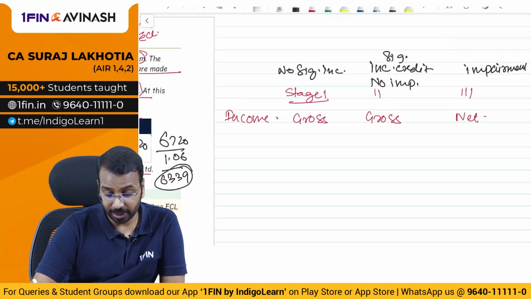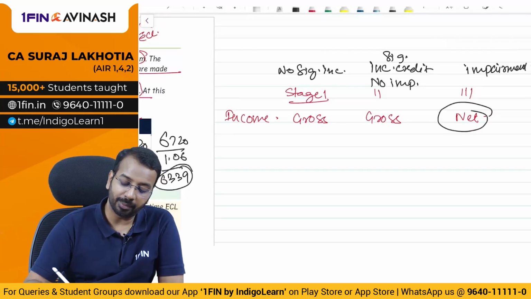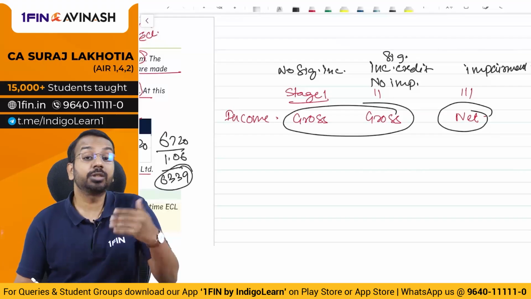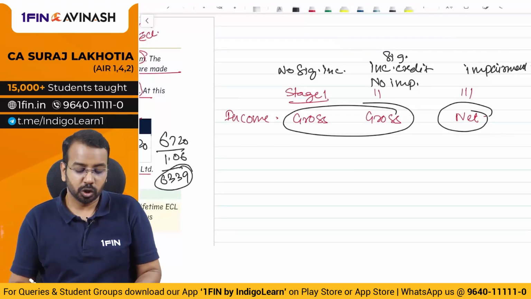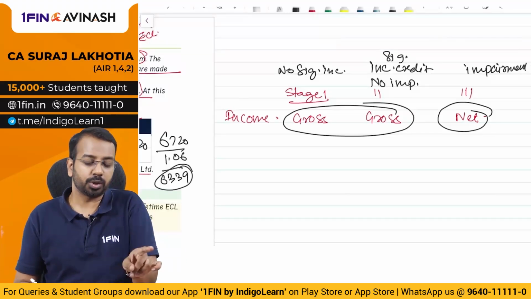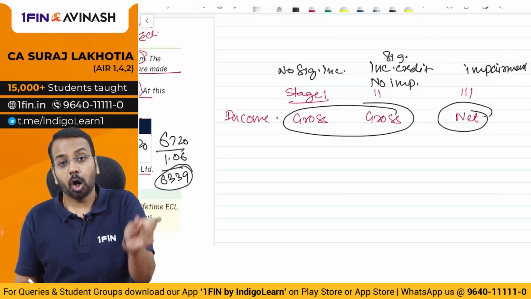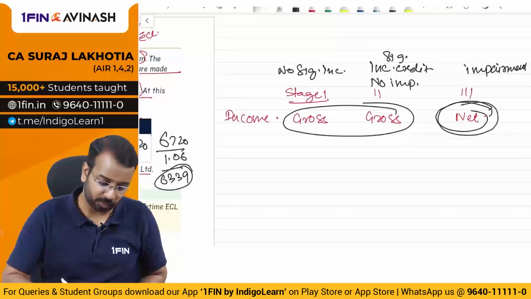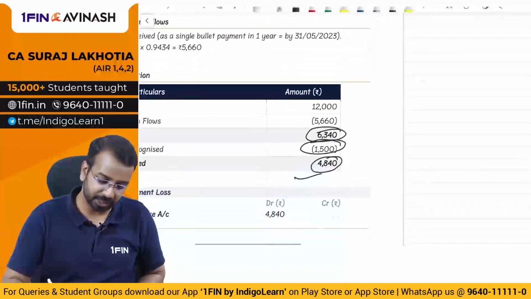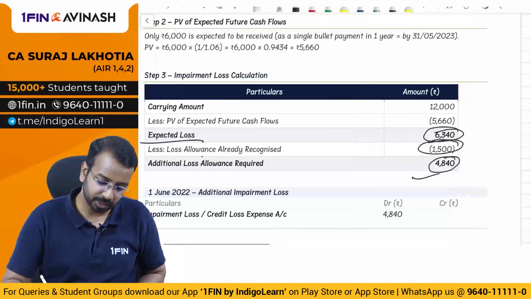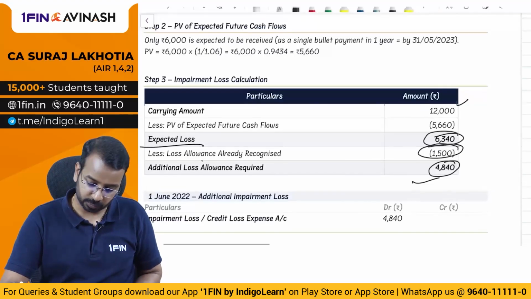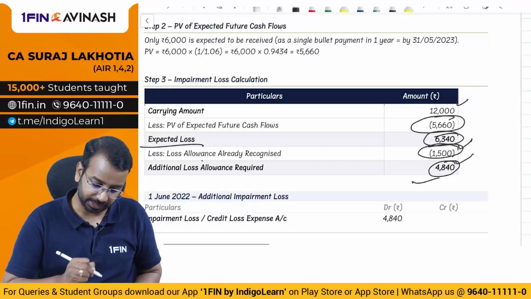So, whenever we have impairment, then we will calculate on the net amount. In the first two stages, we will calculate on the gross amount. So, what will we calculate? Future income. Like in the previous question, the gross amount was 1 lakh. On 1 lakh, we will calculate future income. Here, we will calculate on the net amount. Net amount means after deducting the impairment loss, what is the net amount? 12,000 minus 1500 minus 4840, we get 5660.